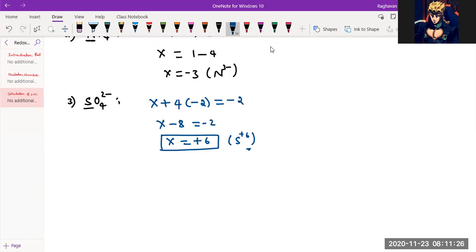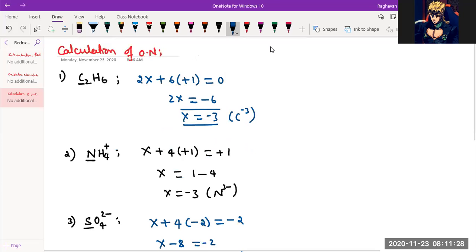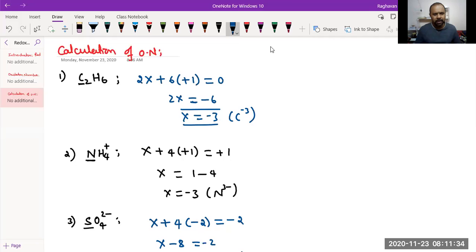Sir, for the first sum we took the charge on C as -3, then for nitrogen, how is it 3 minus? Carbon in ethane has -3 charge.